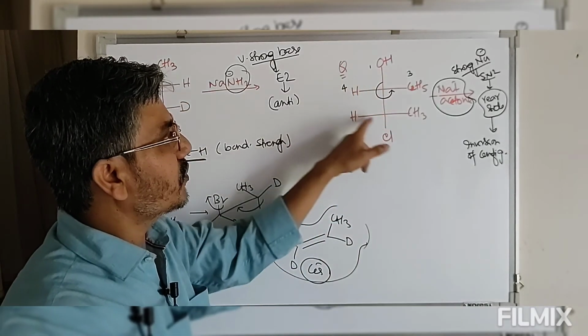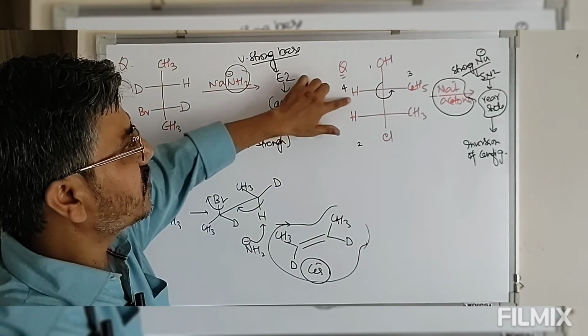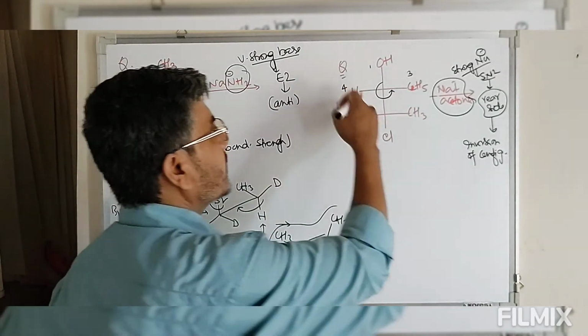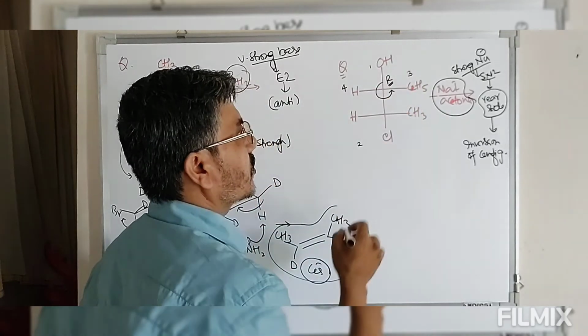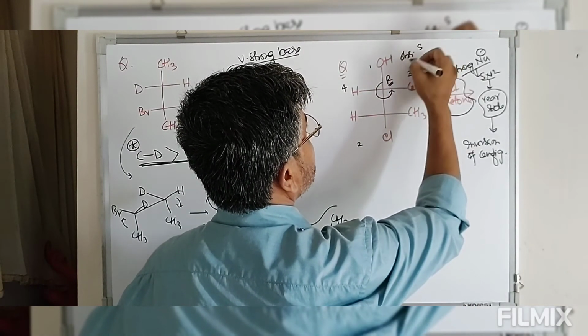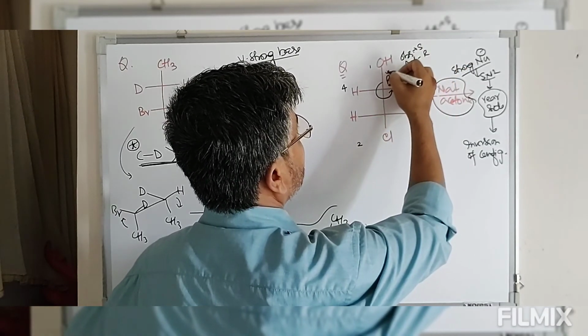So observed rotation is anti-clockwise. Since the least priority order group horizontal है, तो actual will be just opposite. तो अगर ये anti है तो actual will be R. तो observed is S, तो actual R मिलेगा. So यहाँ पे R configuration है.